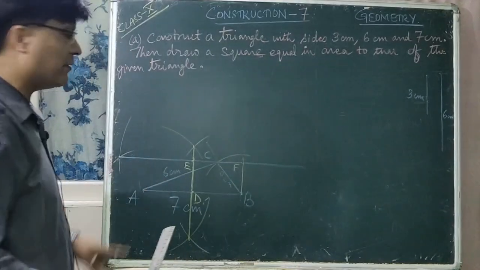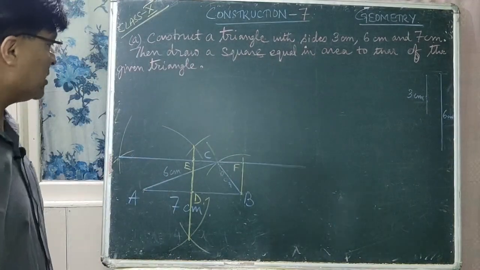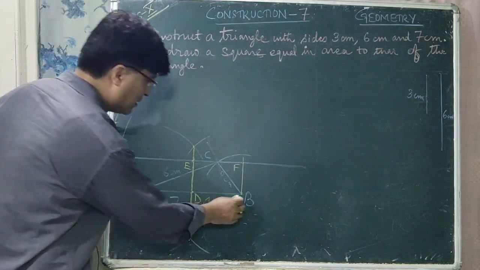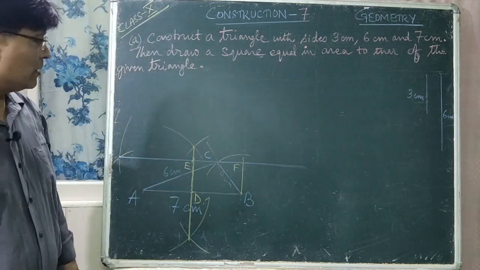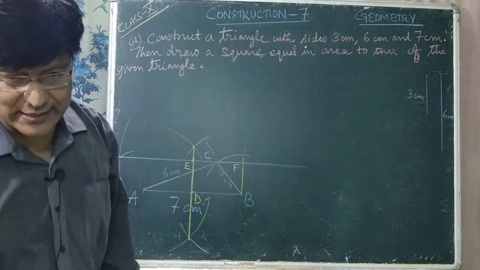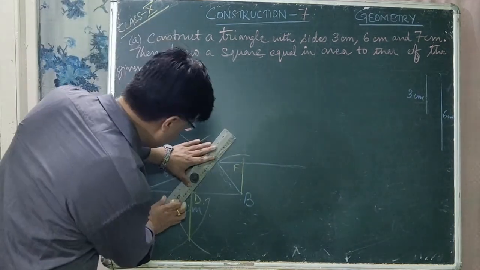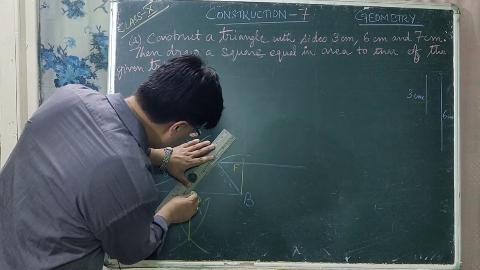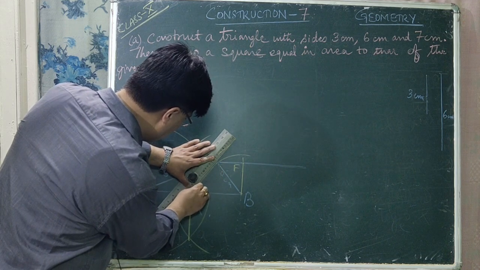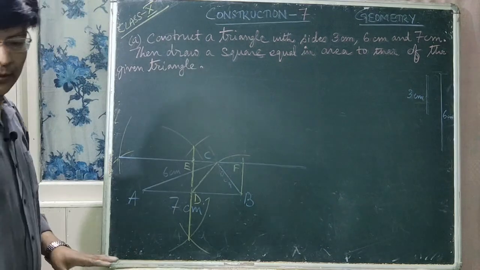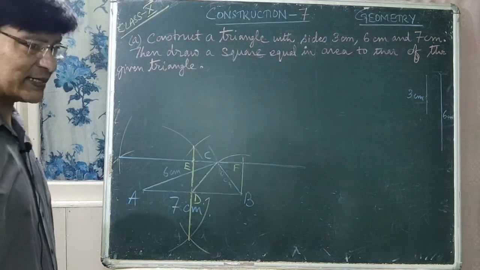Now we have drawn a rectangle out here. So what is the rectangle out here? BDEF is a rectangle. Okay. So you can join this CD also.